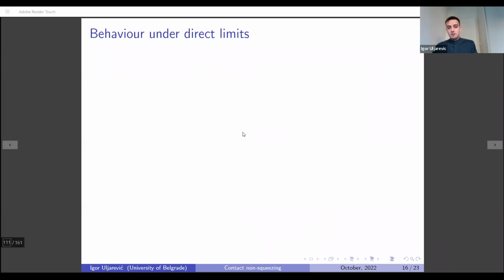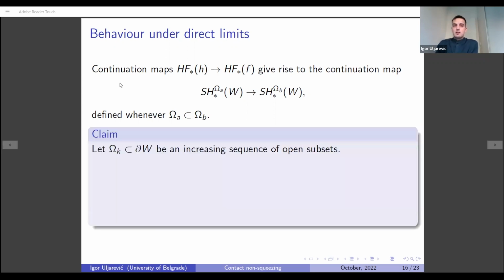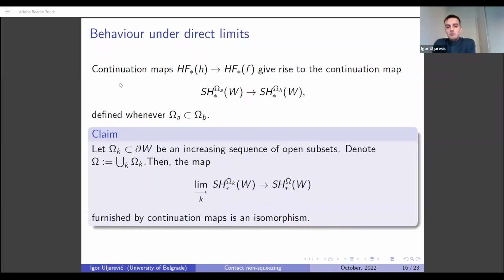Selective symplectic homology behaves well with respect to direct limits. So continuation maps for Floer homology for contact Hamiltonians give rise to continuation maps for selective symplectic homology. It's defined whenever omega A is a subset of omega B. And now if we take an increasing sequence of open subsets of the boundary, then we can take their direct limit with respect to these continuation maps.